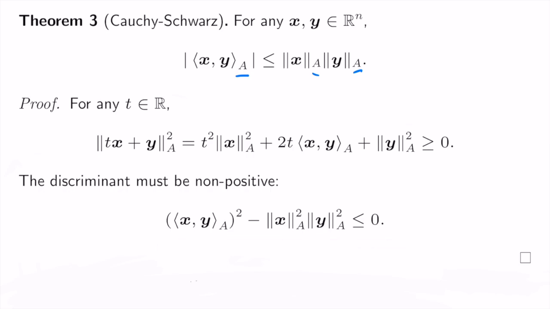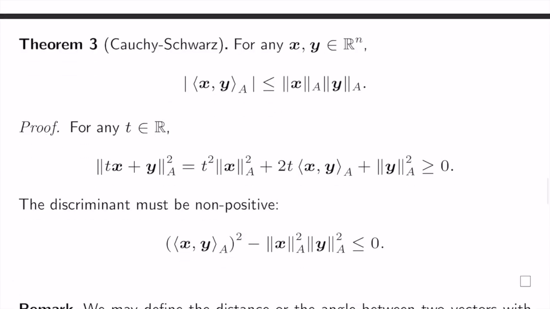And that's what we have here. And from this, it's immediate to have this inequality. And we are done. So we may consider the Cauchy-Schwarz inequality as a generic feature of any inner product that satisfies the basic properties, as we have proved in theorem 1.